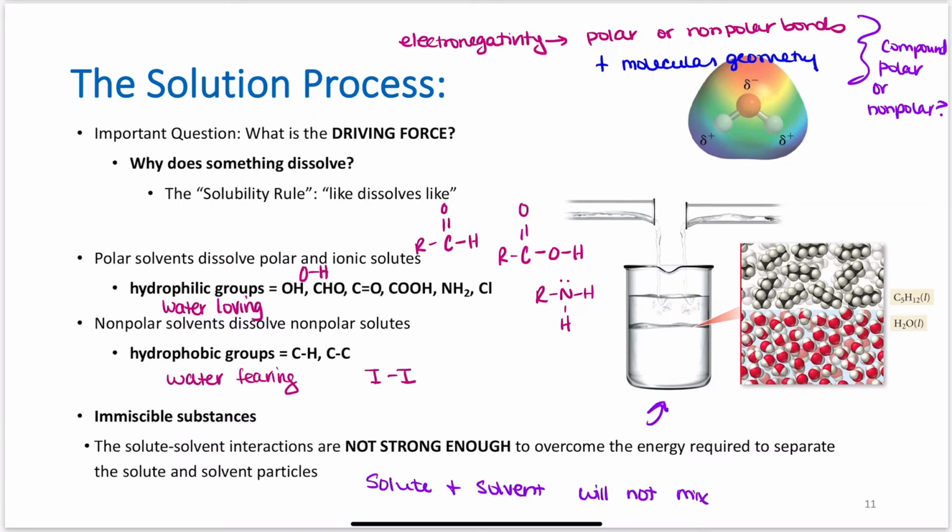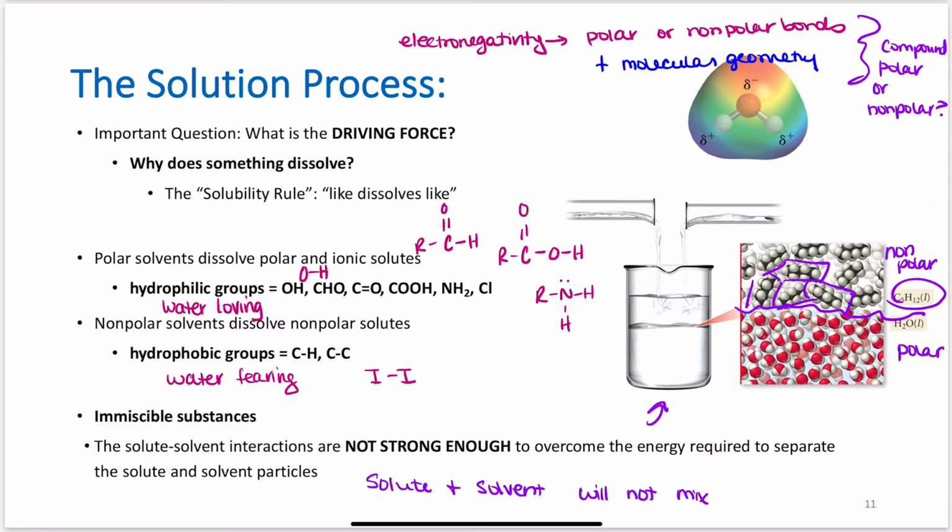And that's what I see happening here. There's an interface between them. This is nonpolar. This is polar. In order for that solution to mix, I first have to break up the attractive forces between each one of these particles. So I have to get these things alone.